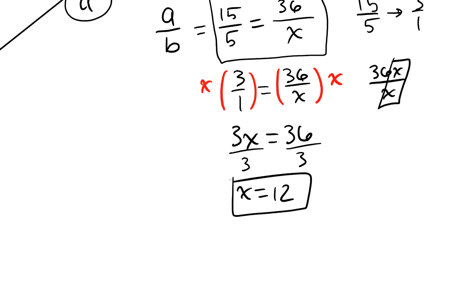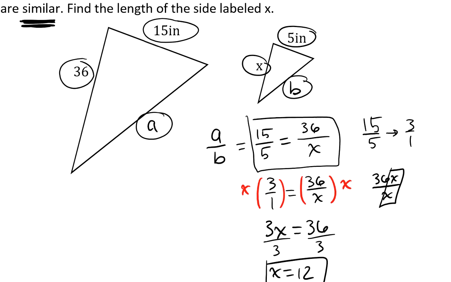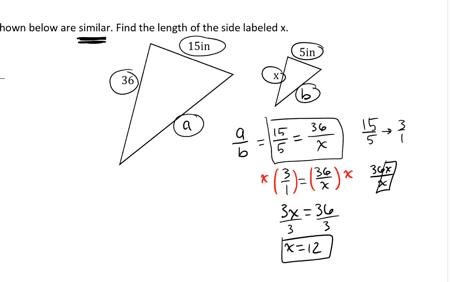Now, a good way to check these is, these ratios 15 over 5 have to be the same as 36 over 12, and if you did those division problems on your calculator, you could verify that they're all equivalent to each other. In this case, 15 over 5 is 3, 36 over 12 is 3.